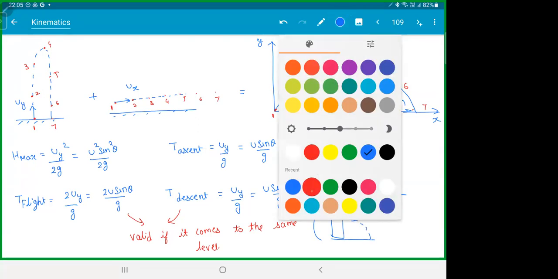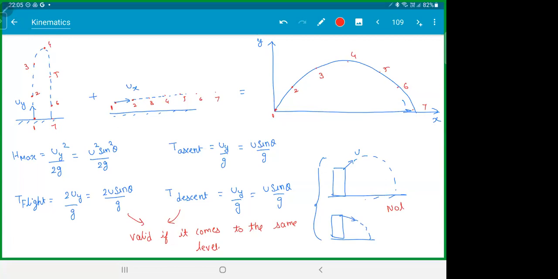This is wrong. If you're throwing from buildings, these formulas are not valid. Have a look at that. Clear, everyone?